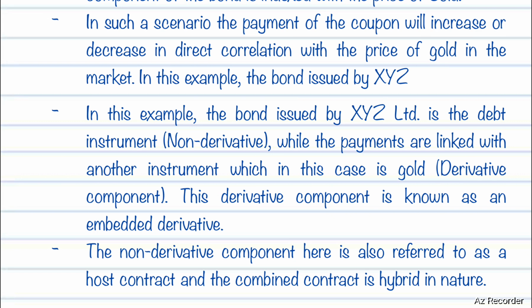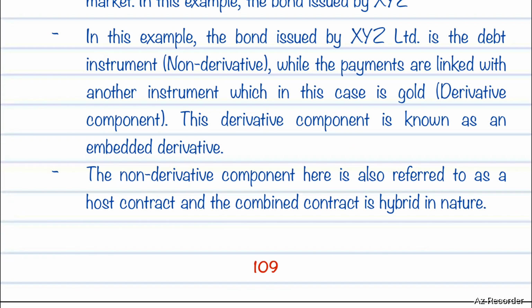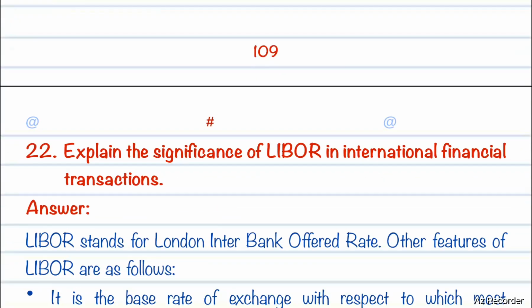In this example, the bond issued by XYZ is the debt instrument, that is non-derivative, while the payments are linked with another instrument, which in this case is gold, that is the derivative component. This derivative component is known as the embedded derivative. The non-derivative component here is also referred to as the host contract, and the combined contract is hybrid in nature.